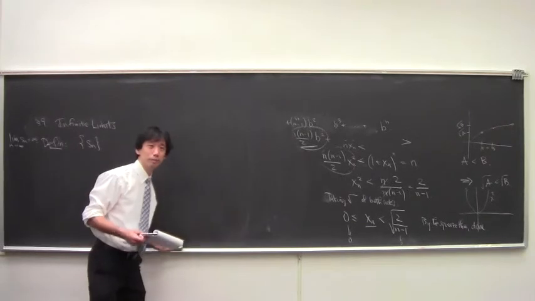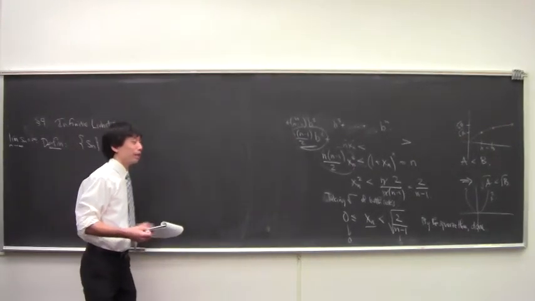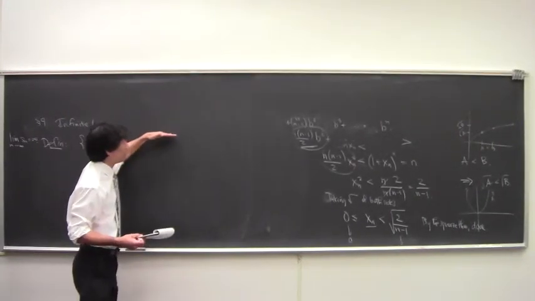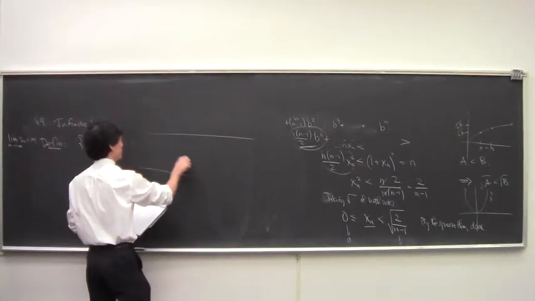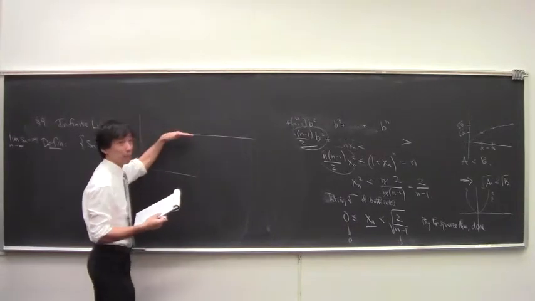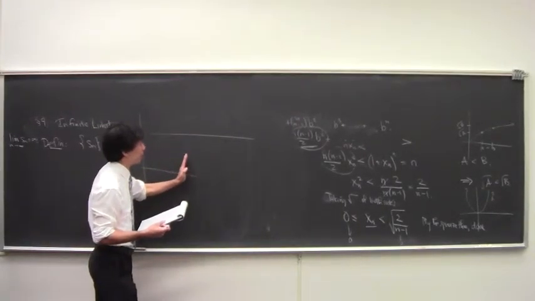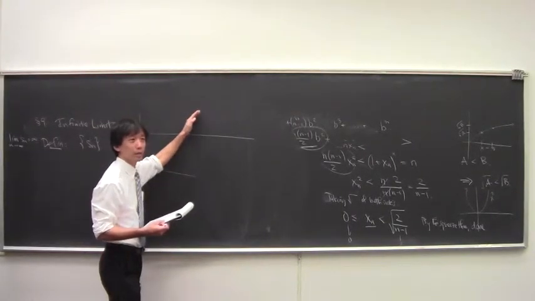Does anyone know? Lower bound. Yeah. Basically it's this idea of a bar, right? You say, given any bar, there's going to be some time past which the sequence is over the bar.